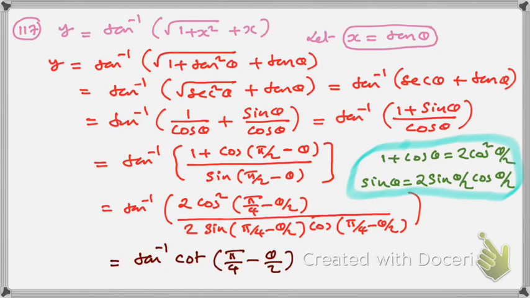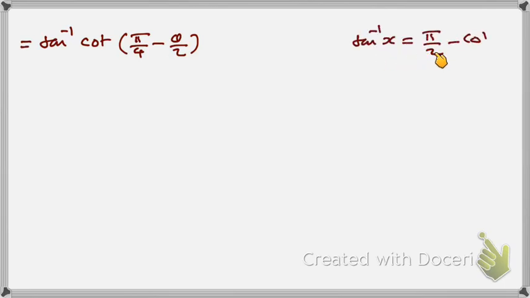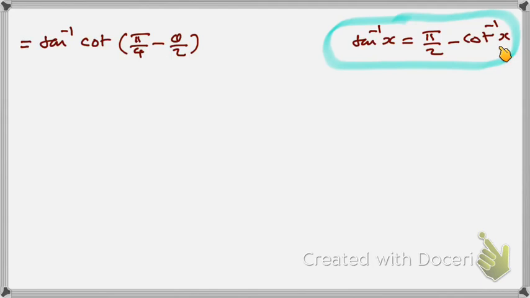So tan inverse and cot won't cancel, so I want to change tan inverse into cot inverse. So I'm going to copy that step one more time. Tan inverse of cot of pi by 4 minus theta by 2. This tan inverse, I'm going to change. Tan inverse of x is pi by 2 minus cot inverse of x. So I'll write this tan inverse of this whole thing as pi by 2 minus cot inverse of the whole thing.